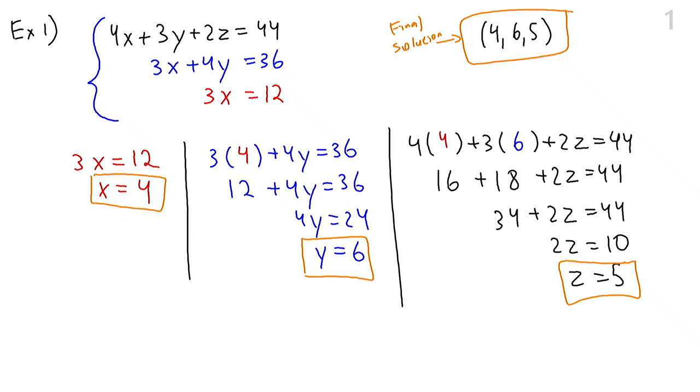And this was an easier example of a system because, again, the third equation only had one variable, the second equation only had two variables. In our next problem, we're going to do something more difficult. We're going to solve the following system. We have 4x minus 3y plus 2z equals negative 29.